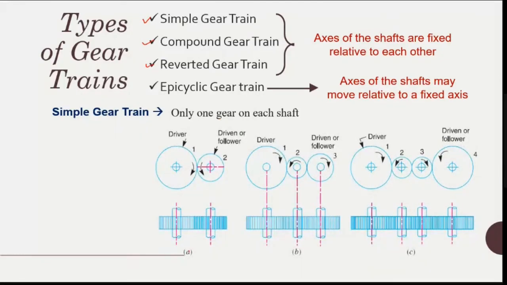In figure A, there is a driver shaft and a driven shaft. Both have a gear, and this gear is meshed with only one gear. Even in this case, driver and driven are here.